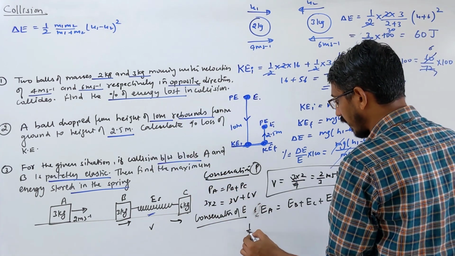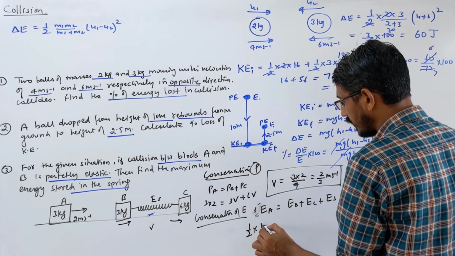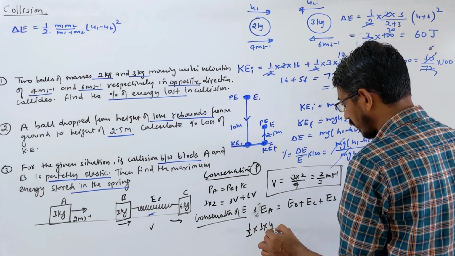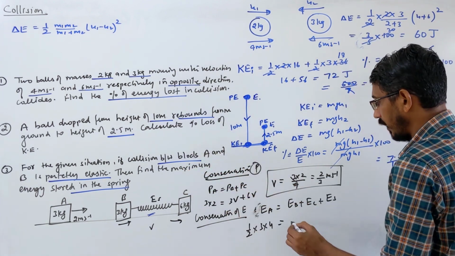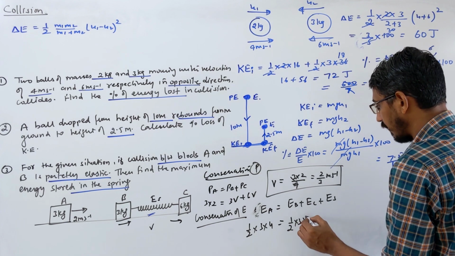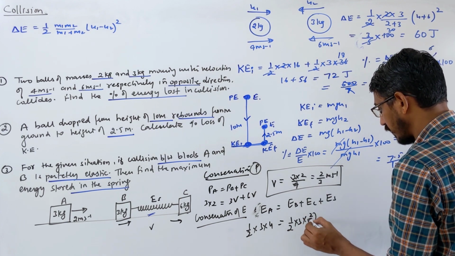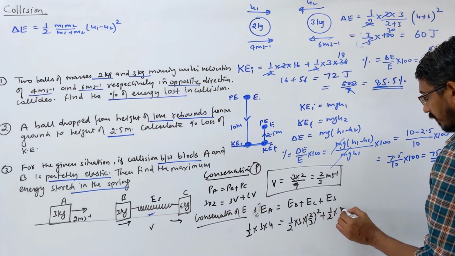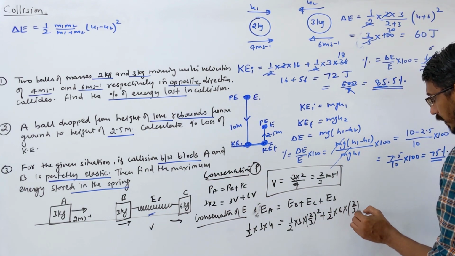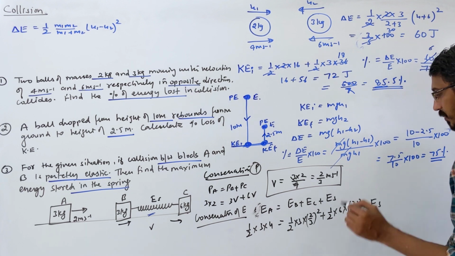What is the energy of block A? Half mv square, half, mass is 3 kg and velocity is 2, so that becomes 6 joule. That is equal to energy of block B, half, mass is 3 and velocity we wrote here 2 by 3 squared, plus energy of that block, 1 by 2, mass 6, 2 by 3 squared, plus energy of the spring.